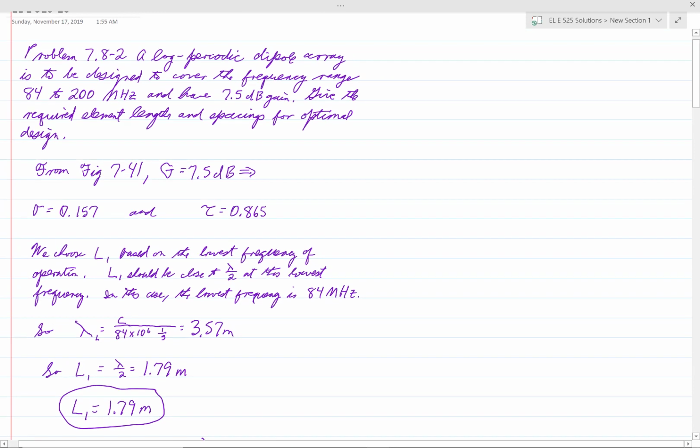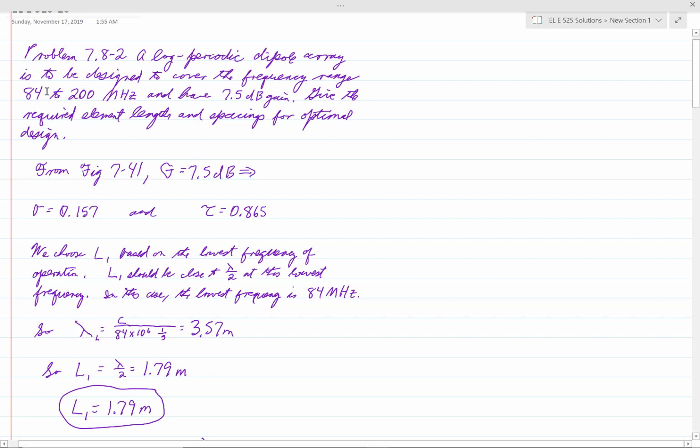The next thing you need to do, one of the few remaining things you really need to do, is to find L1, which is going to be the length of the longest element in the log periodic dipole array, and that should be equal to or very close to lambda over 2, calculated at the lowest operational frequency. Now in this case, we want the log periodic dipole array to operate from 84 to 200 megahertz.